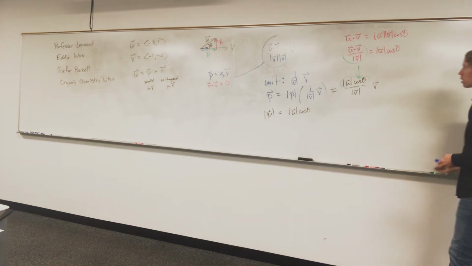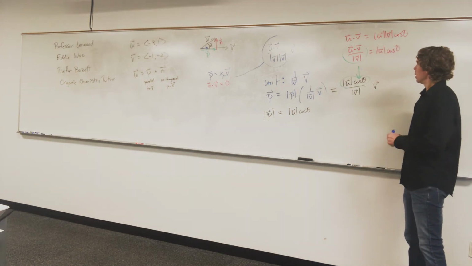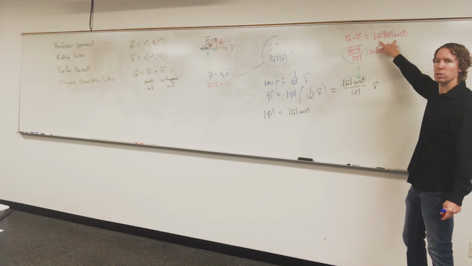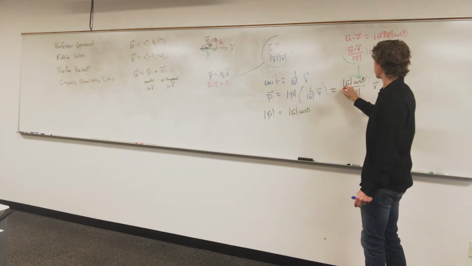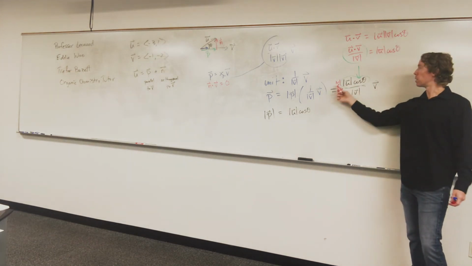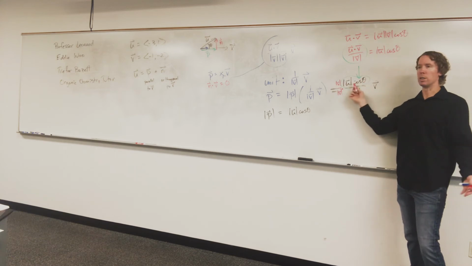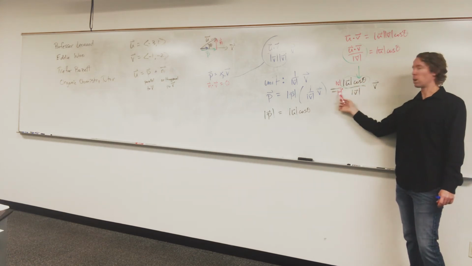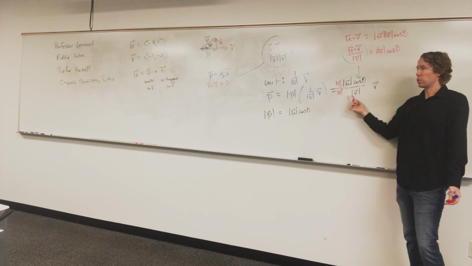Another way to think about it is that I know that the dot product looks like this, so I'm just going to multiply the top and the bottom here by length of v, so that now this numerator is the dot product, and the denominator turns into whatever it is.